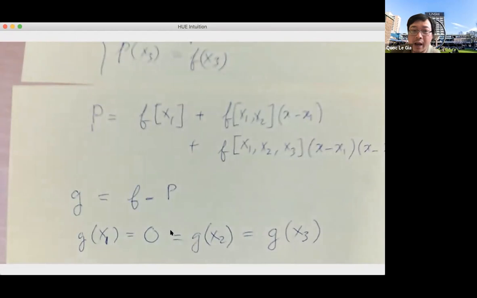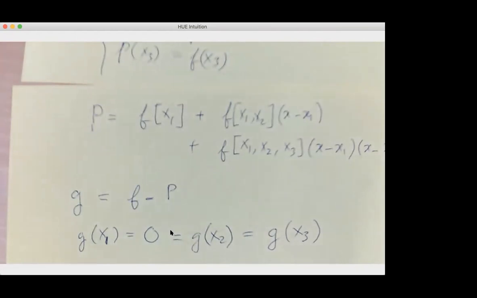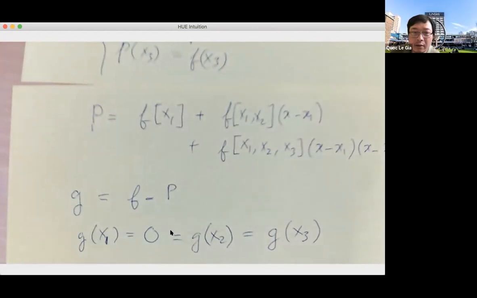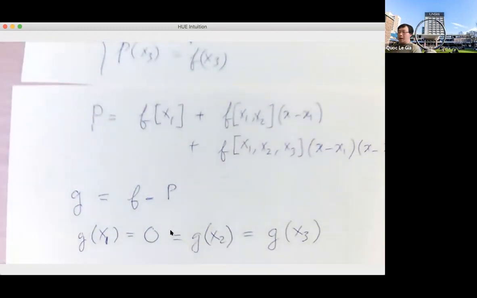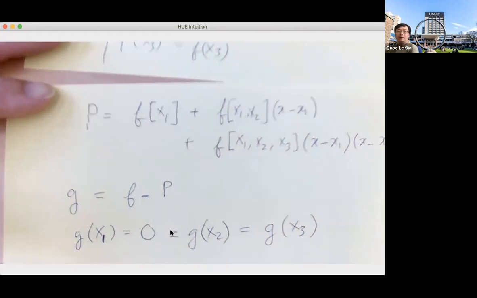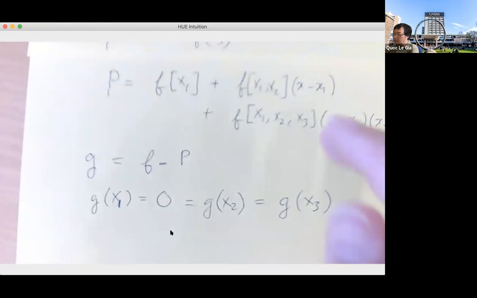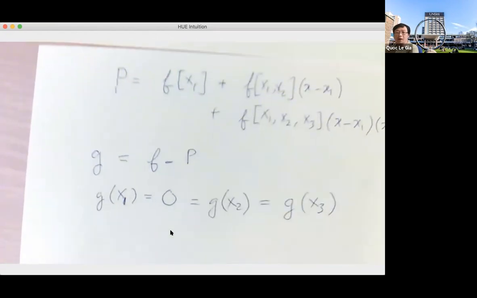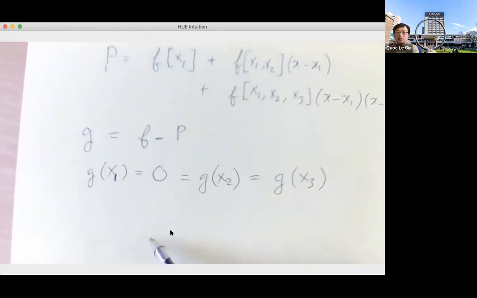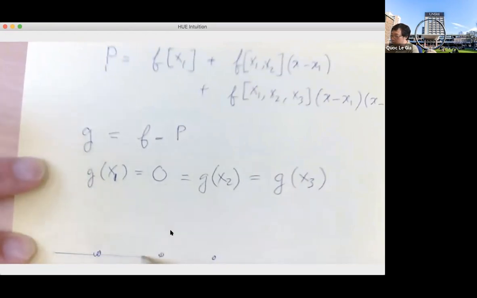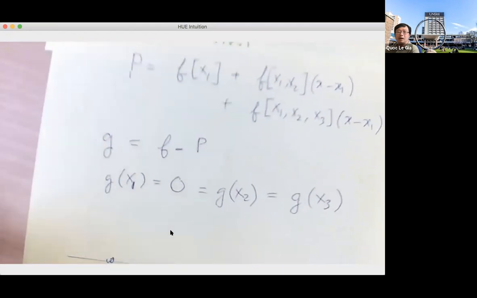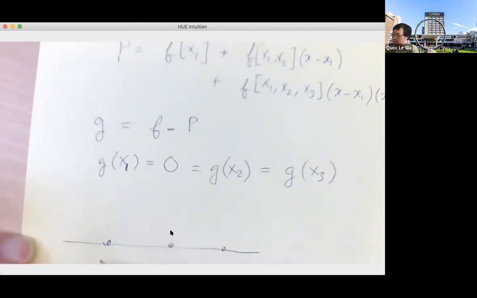Yes, because f at xi and p at xi are the same, for x1, x2, x3. So I have this property. Now if I draw my function g, it looks like this. This is the x-axis, and these are x1, x2, x3.